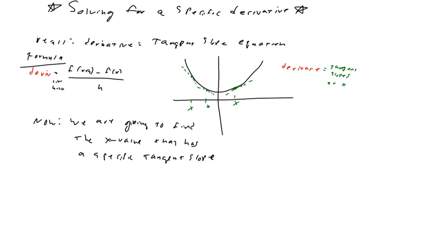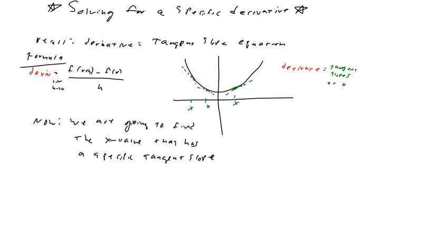Before, we found the slope at a certain point. I would tell you what the point was, where we're looking, and then you would find the slope. This time, we're going to tell you the slope. We know what the slope is.